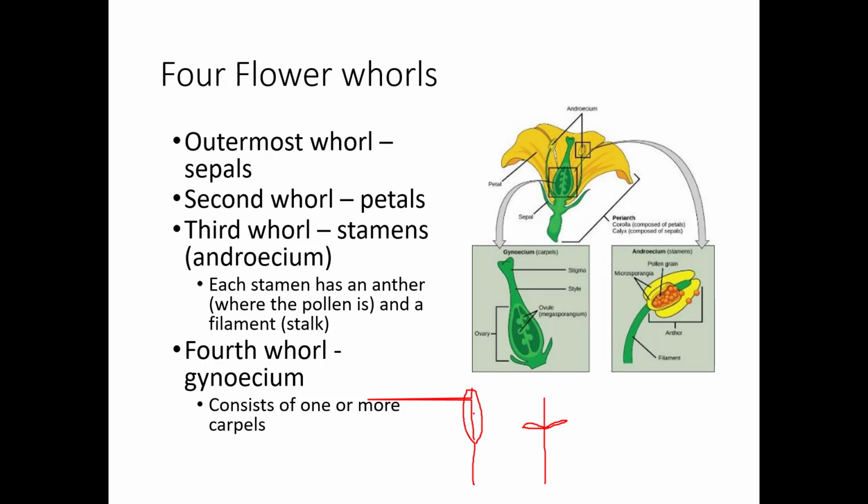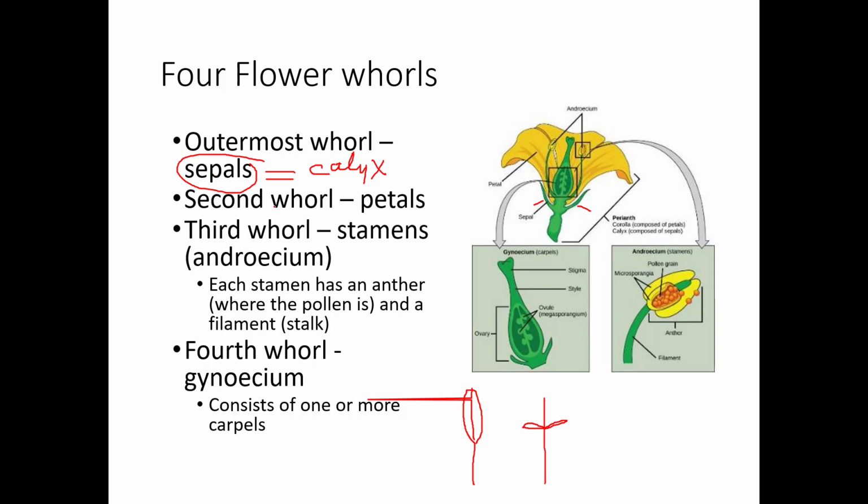So the leaves that surround the bud, when they open, are underneath the flower. Those are called the sepals. The whorl of sepals, so the sepals are the individual leaves underneath the flower. The whole group of sepals is called the calyx. So there's one calyx made up of many sepals.